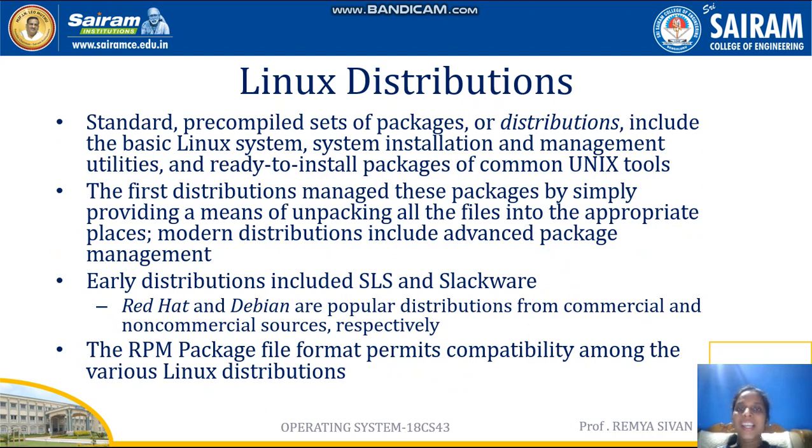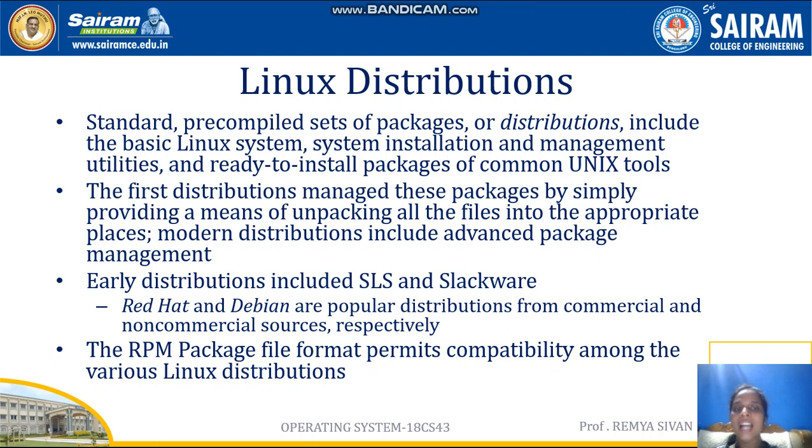The next topic is Linux distributions. Anyone can download it, as it is an open, free operating system, right? A Linux distribution is a standard precompiled set of packages. Distributions include the basic Linux system, installation and management utilities, and ready-to-install packages of common Unix tools. The first distributions managed these packages by simply providing a means of unpacking all the files into appropriate places.